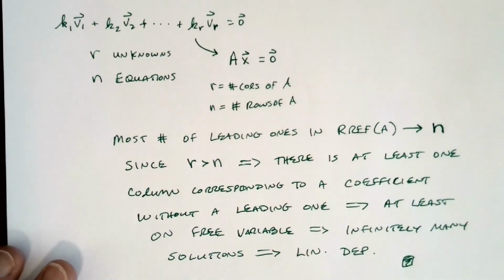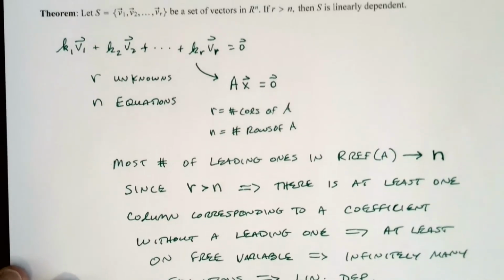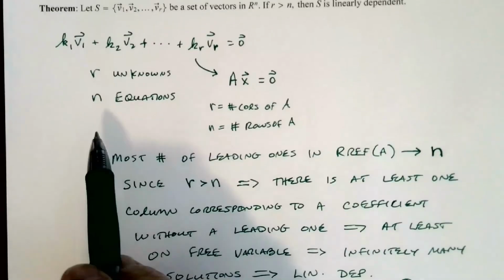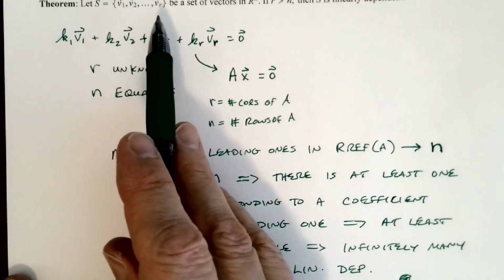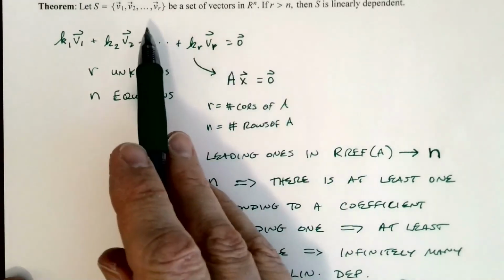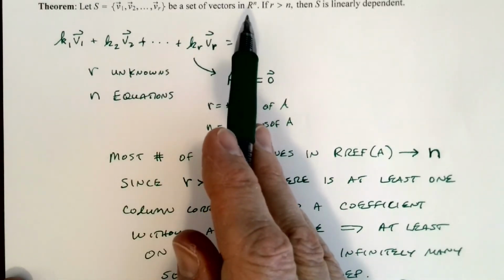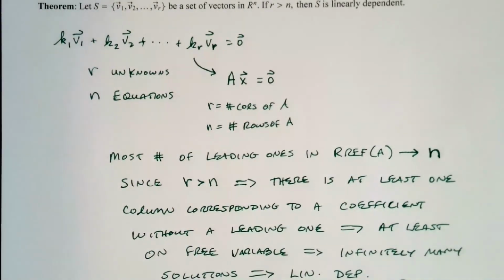Okay, so in the case where I have what? R vectors in a set that reside in n space, right? If I have r n-tuples, if r is greater than n, then the set is linearly dependent. So let's look at a specific example.